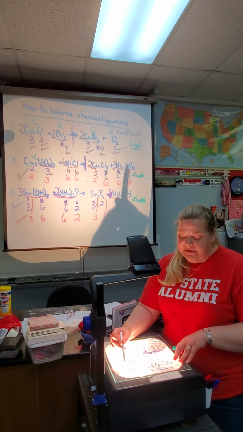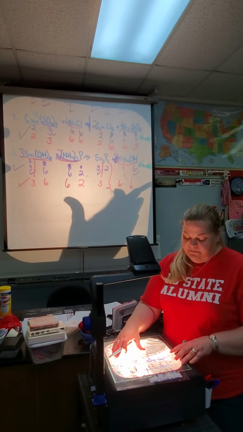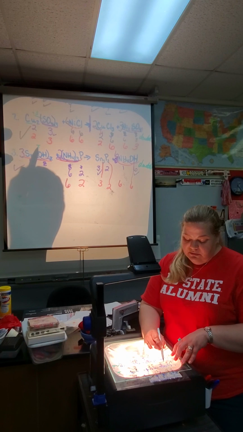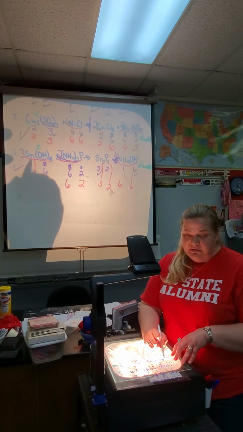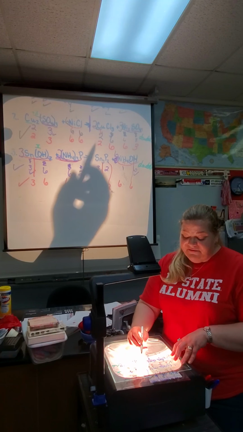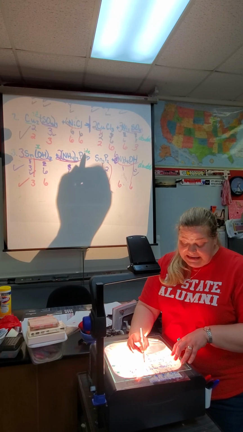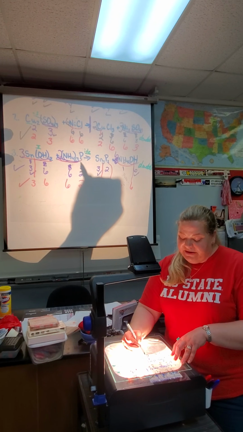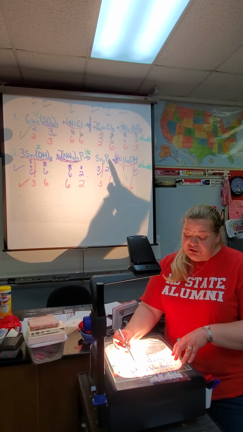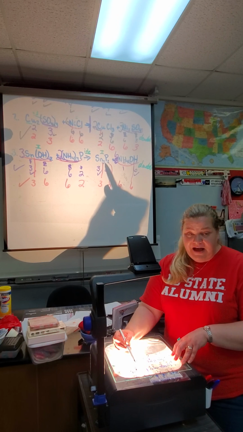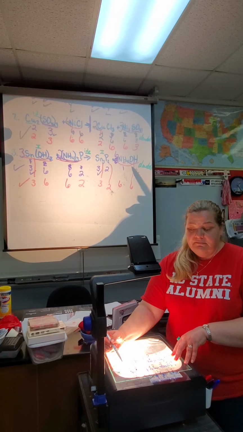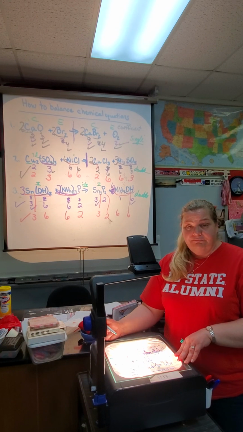Nickel 1 sulfate. Tin 2 hydroxide, transition. Ammonium phosphide, IDE, because it's the element, not a transition, binary compound. Tin 2 phosphide, ammonium hydroxide. So, how'd you do?